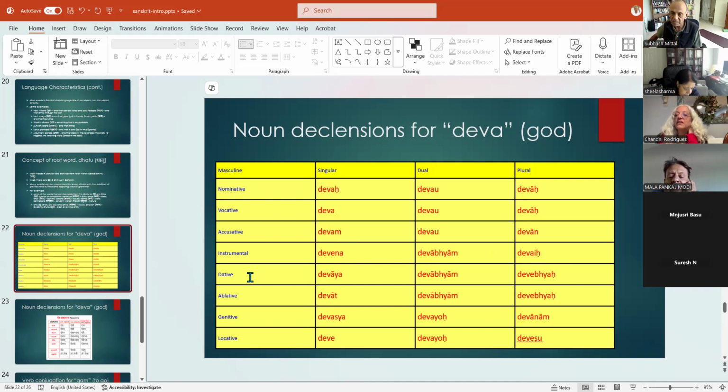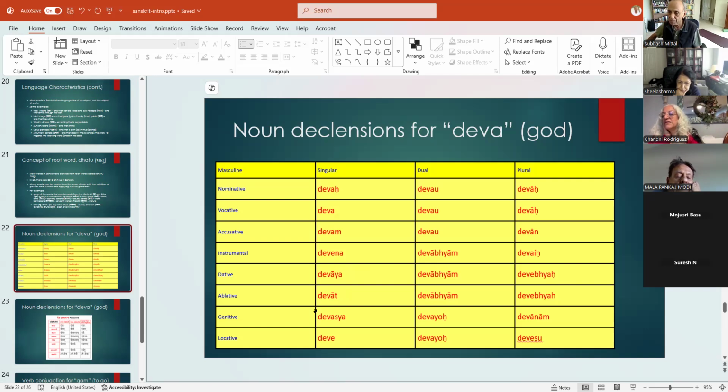Now the next one is dative, which is for something. Let's repeat after me. Devaya, Devabhyam, Devebhyah. Again, for somebody. Let's say I want to sing a song for somebody, Deva, just because Deva is here. So aham Devaya Gayami.